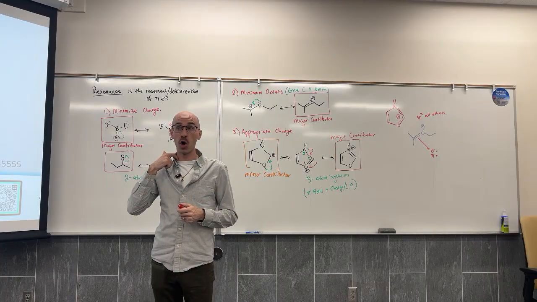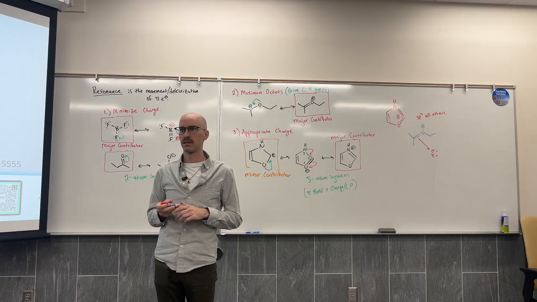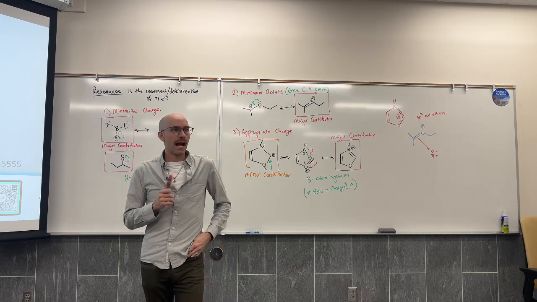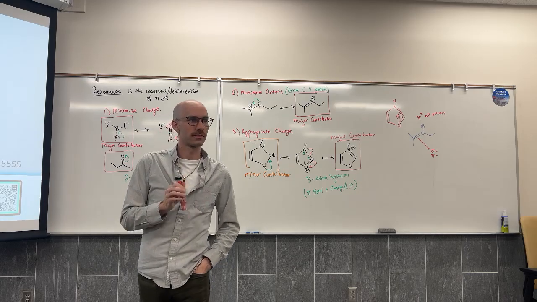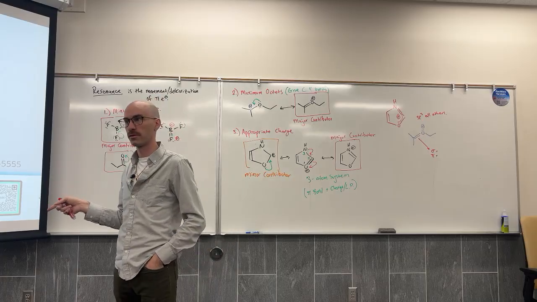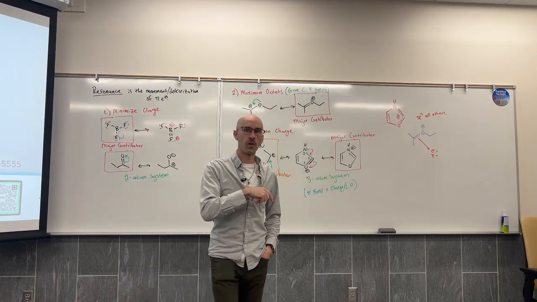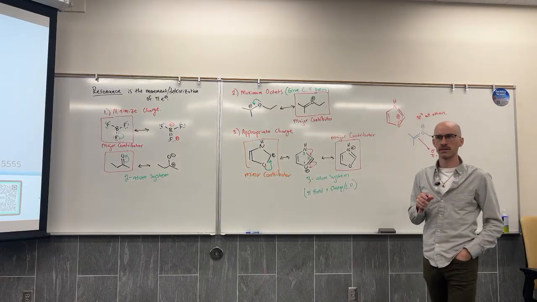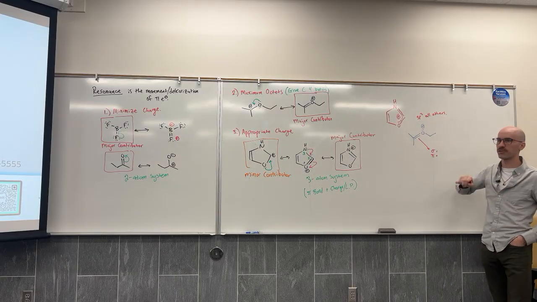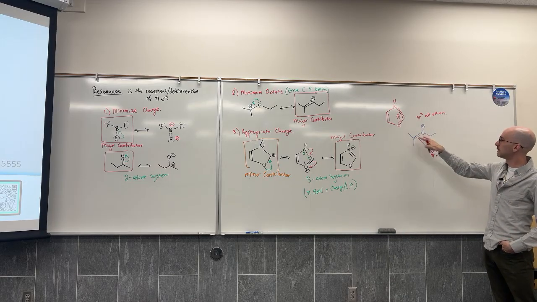What orbitals are overlapping to give me the sigma bond here? Hybridized orbitals give sigma bonds. Unhybridized orbitals give pi bonds. So what orbitals overlap to give me this sigma bond? What are the hybridized orbitals from these two carbons, these two atoms? SP?